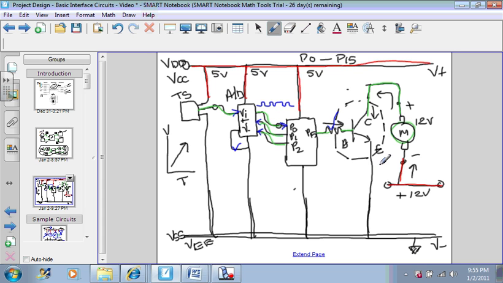Now you would clean this up and make it more professional looking, but at least you have a rough draft as to what the circuit looks like, and also you should indicate what type of signal is at each step. I've indicated here that my temperature sensor outputs an analog voltage that varies according to the temperature at this point.